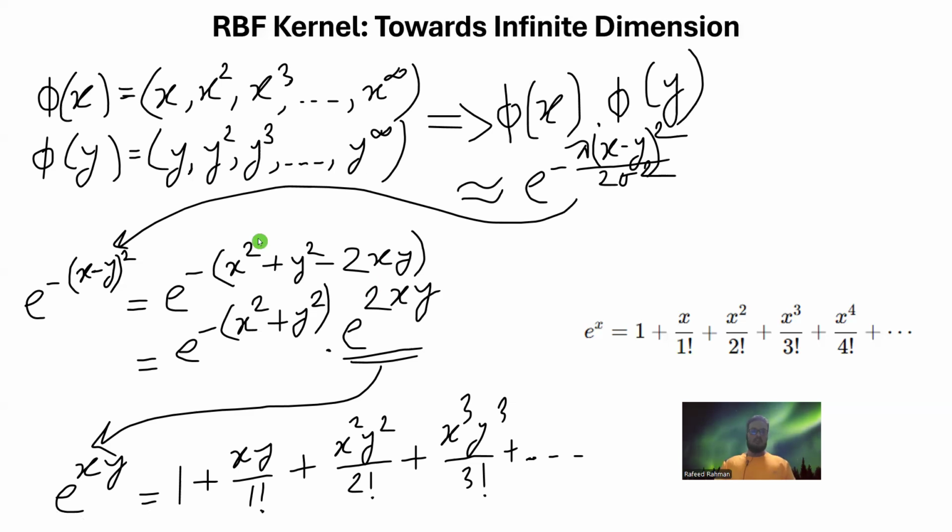That means doing this simple exponent in place of phi x dot phi y actually gives your model an idea that your samples have been transformed to a very high dimension, theoretically infinite, right? So there is very high separability.